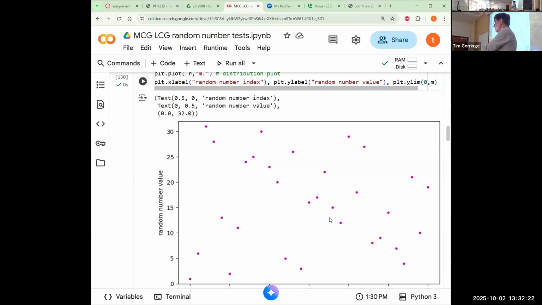It looks like random number sequences. So look, this is the first case I think I've shown you where I've generated more than a handful of random numbers that looks kind of random.